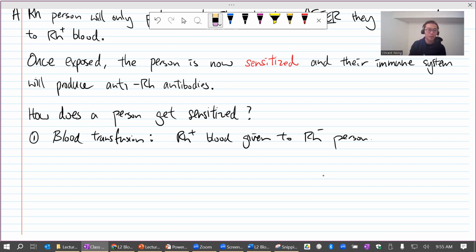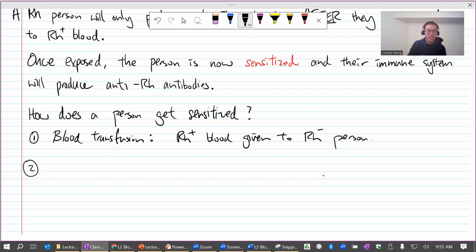What's another way for a person to get sensitized? If the mother is pregnant and the baby has the antibodies. Okay, you are on the right track. I'm gonna write it out for you.